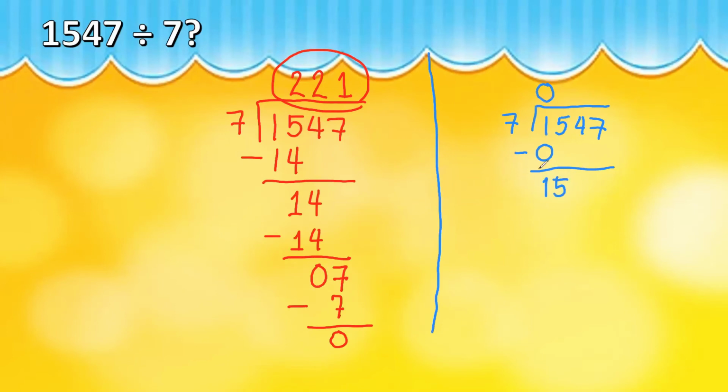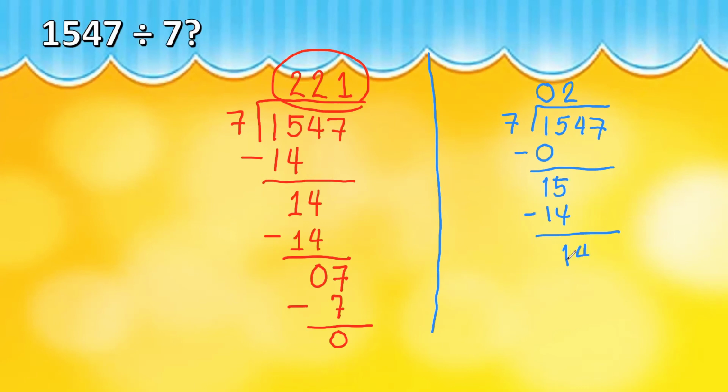Now, it is the time for us to divide 15, wherein in this example, we already divided at the first part. Okay, but the answer is still the same. 15 divided by 7 is 2. 2 times 7 is 14. Then subtract. 15 minus 14 is equal to 1.